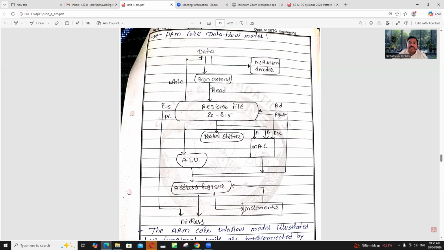After that, it goes to the sign extend, which is connected with a register file having a total of 16 registers, R0 to R15.